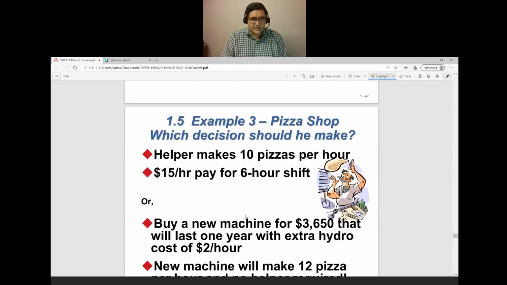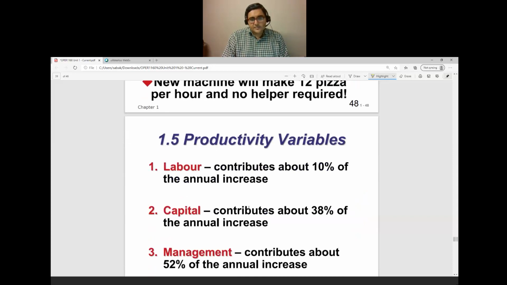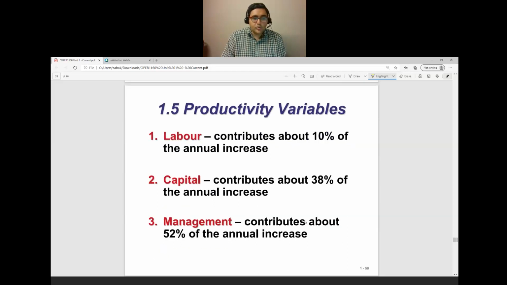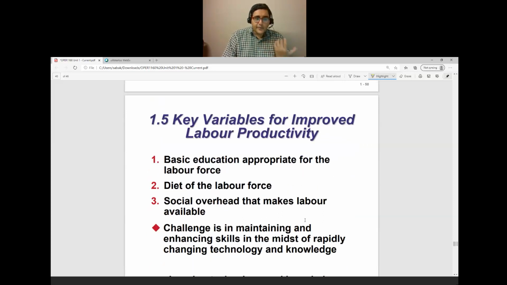You will not have any numerical questions from this, but there could be a question asking what is multi-factor productivity. You need to know that it's the productivity that is measured by output to input, but the input is not a single factor anymore, it's multiple factors.